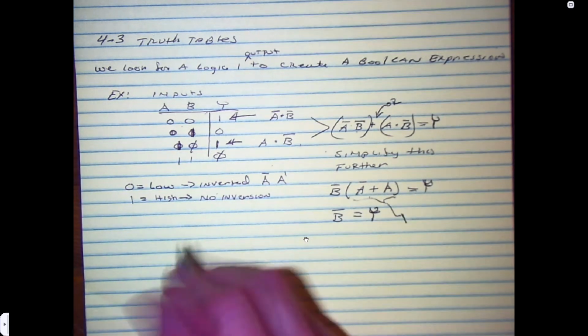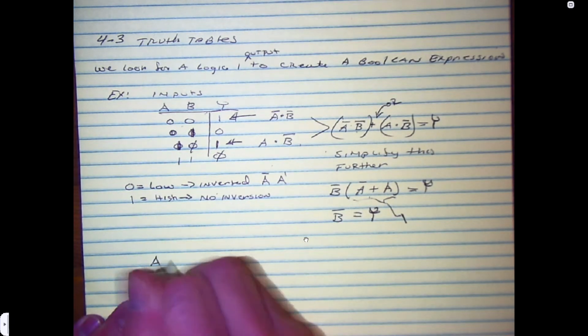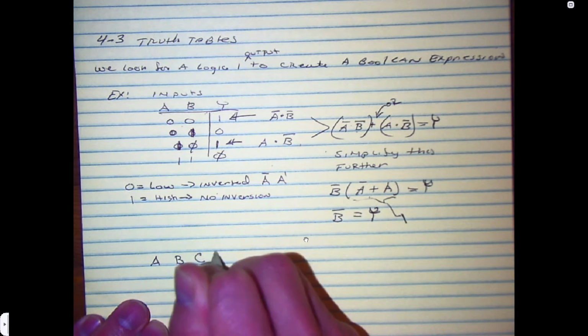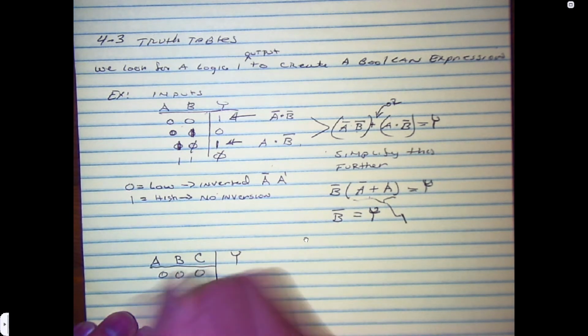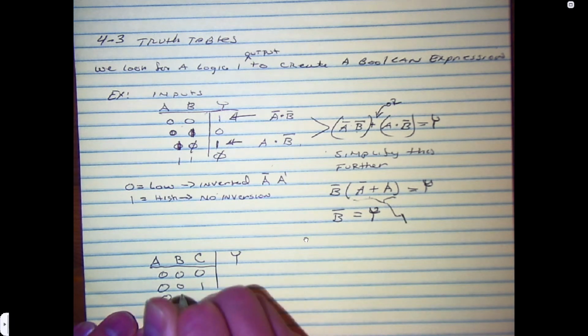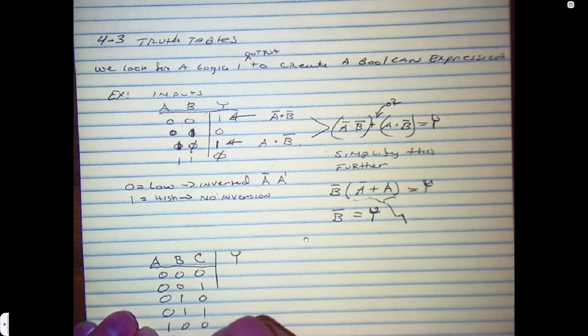So let's do this. Let's say we have A, B, C, and a Y. Let's say I do my truth table: 0, 0, 0, 0, 0, 1, 0, 1, 0, 0, 1, 1, 1, 0, 0, 1, 0, 1, 1, 1, 0, and 1, 1, 1.